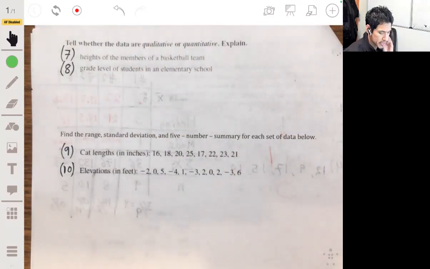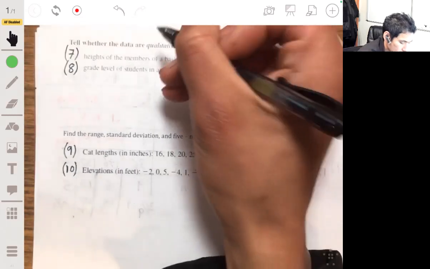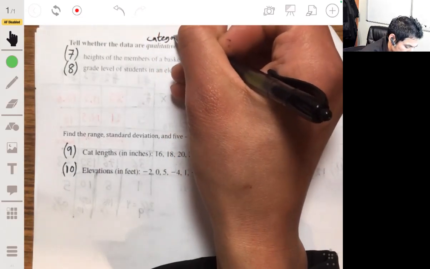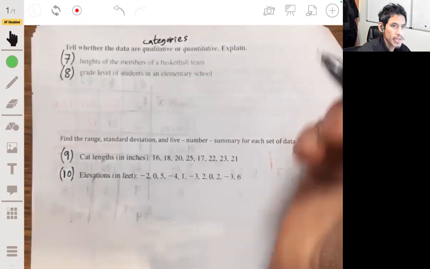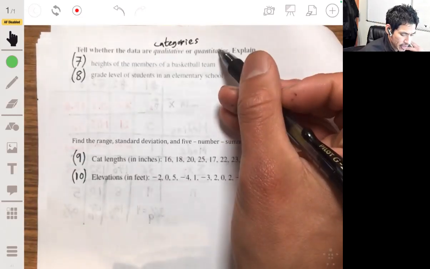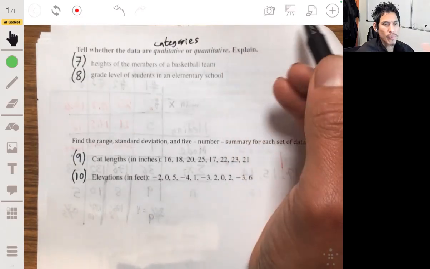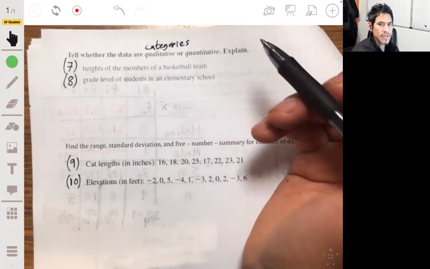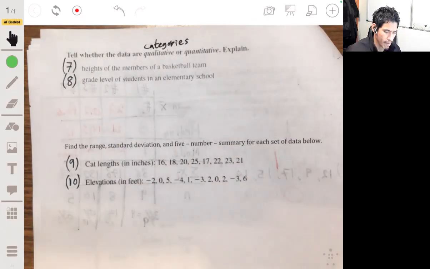Qualitative is just categories. Like car brand, maybe Mazda, Ford, Tesla. Whereas quantitative is something like your heights, your weights, how long you take to run a mile. You can measure it on a numerical scale that is continuous.